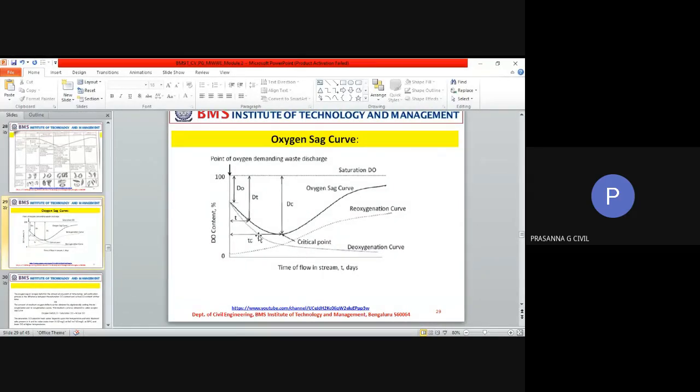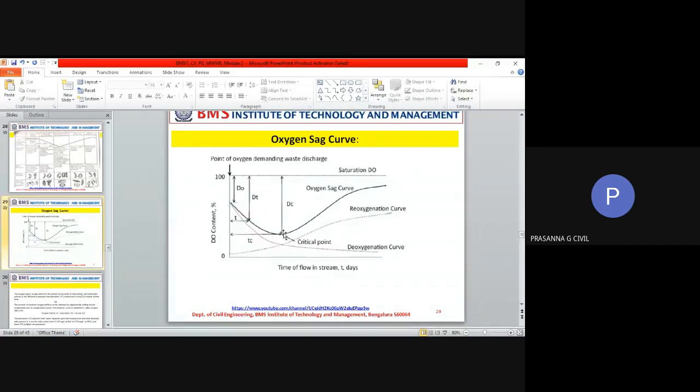So how much oxygen is getting depleted at a particular time depends on how much organic matter will be remaining at that time. That's also connected to your temperature.